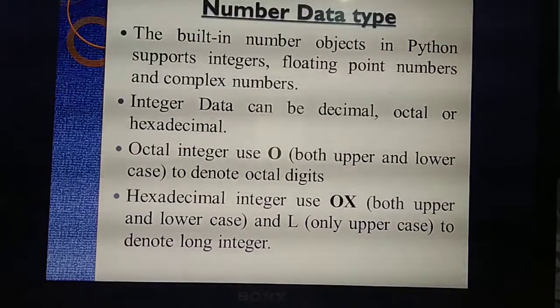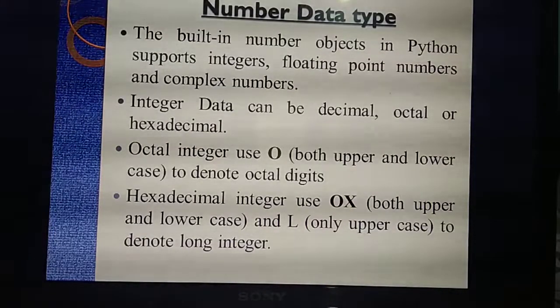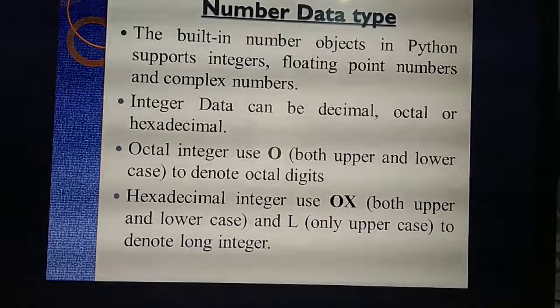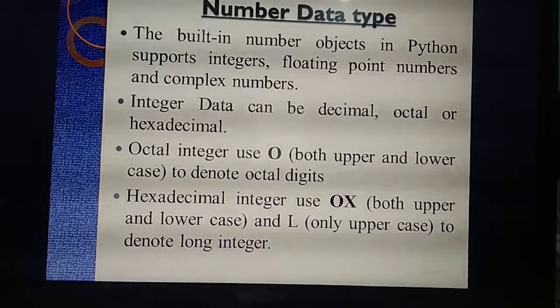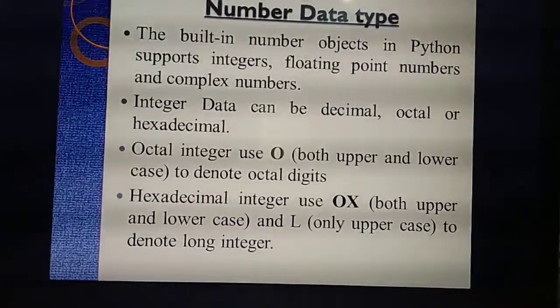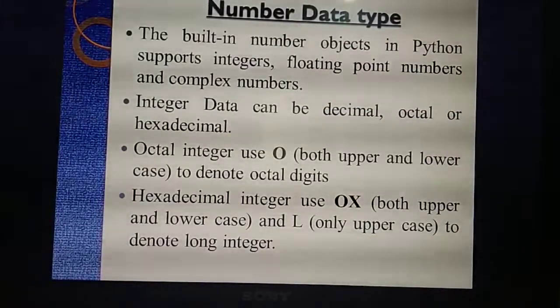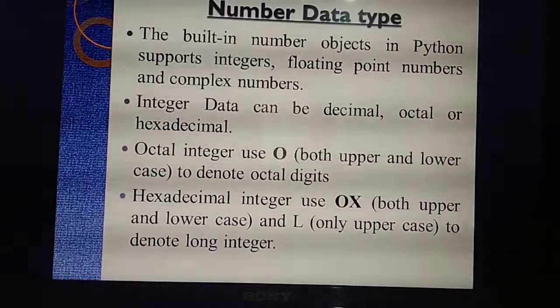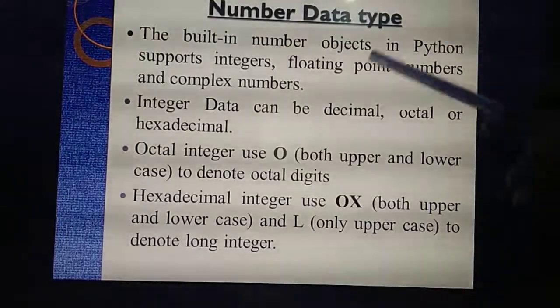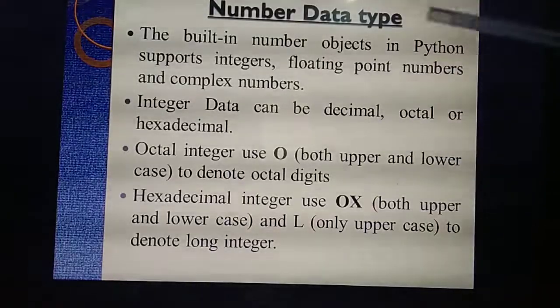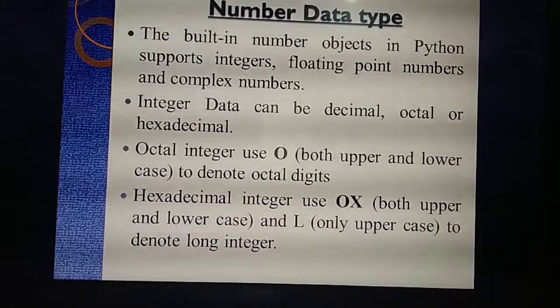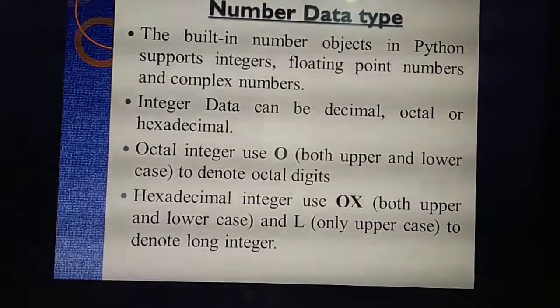Okay. So in number data types, what are the things you have studied? How many number data types are there in Python? 3. What are they? Integer, floating point and complex. Again, this integer data type is divided into how many types? 3. What are they? Decimal, octal and hexadecimal. How can you identify that a number is octal?